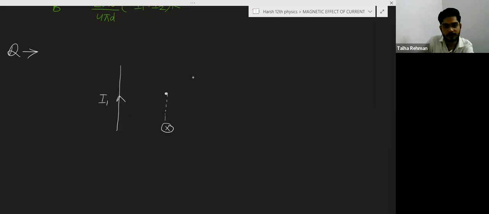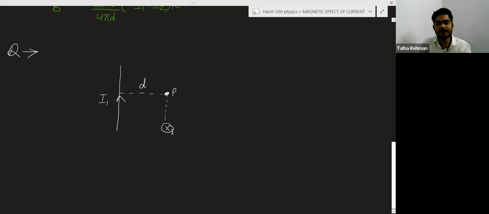We have to calculate the magnetic field at this point P, and this wire has a distance of d. This is also a current carrying wire, and in this wire the current is going into your screen, into the negative z axis. This is also at a distance of d.